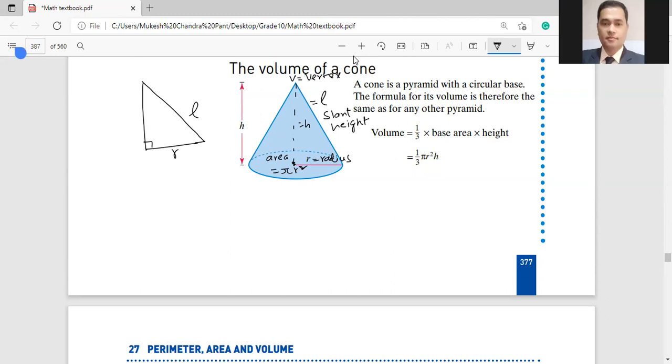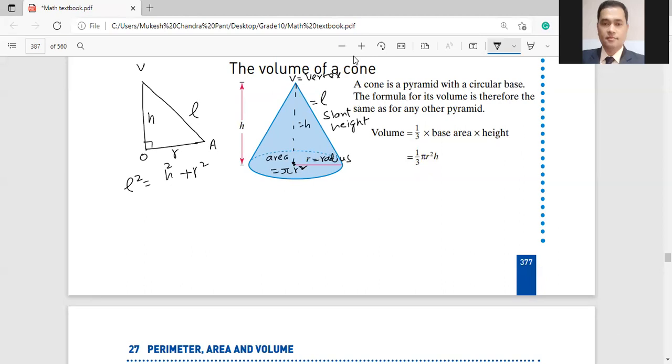Radius means base, and this height is H. Vertex V, this is O, suppose this is A. So we have the relation L square equals H square plus R square. Absolutely correct, Devila. Good, intelligent. You can see this is a right triangle.